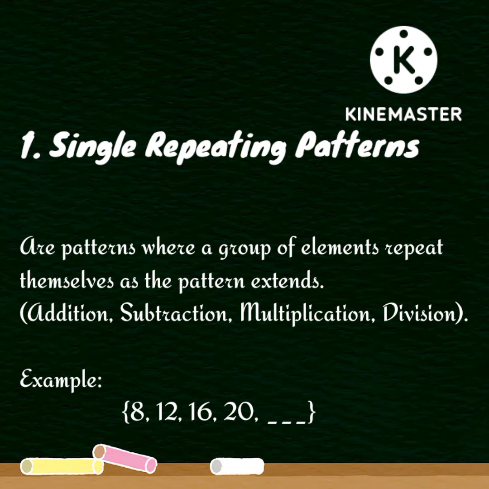It uses addition, subtraction, multiplication, and division. Example of single repeating patterns is 8, 12, 16, 20, and blank. We must remember that in a single repeating pattern, we only use operations na pwedeng ina-add, minumultiply, sinasubtract, or dinidivide. Para natin malaman yung sagot is mag-a-add lang tayo ng 4.